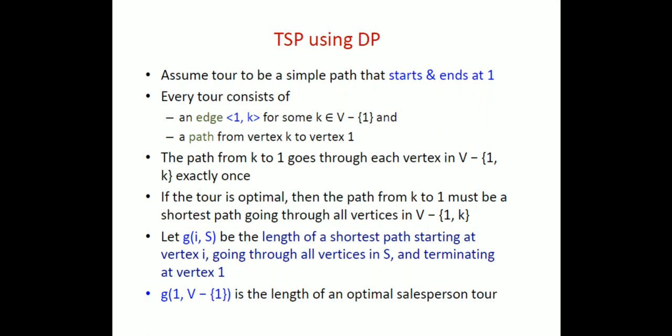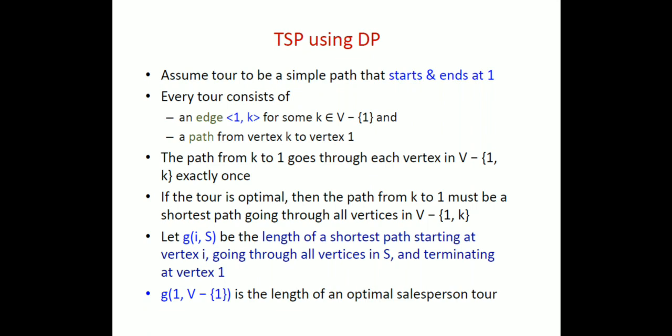That is, k belongs to the set of all vertices except vertex 1, and a path from vertex k to vertex 1. So every tour consists of an edge 1 to k and a path from vertex k back to vertex 1. A path from vertex k to vertex 1 goes through each vertex in V minus {1, k} exactly once.